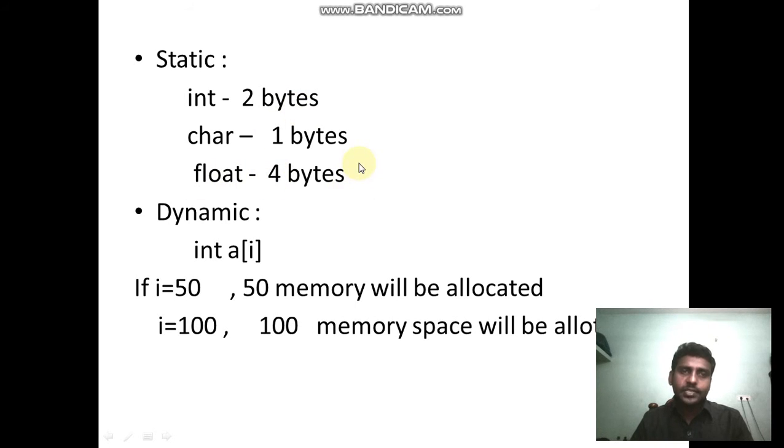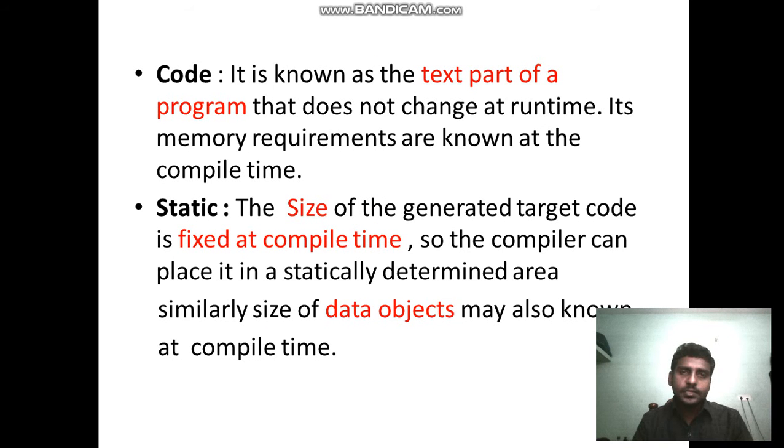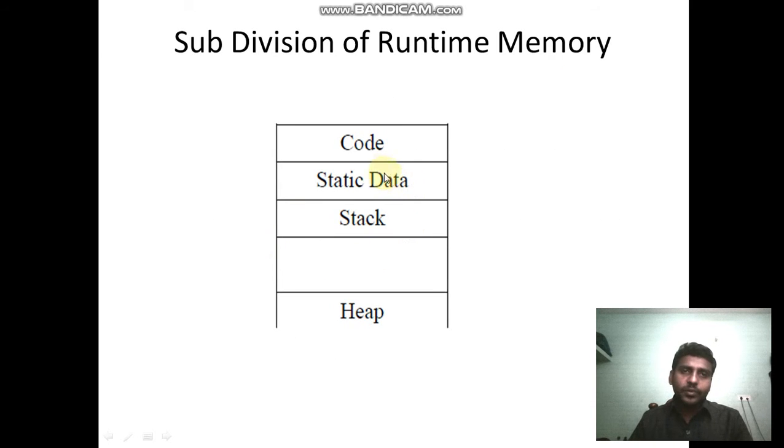That is a fixed size. The programmer knows this keyword holds 2 bytes, and float holds 4 bytes. So during compilation the programmer should know the memory of that particular keyword. So that is fixed at compile time. This type of fixed memory is stored in the static data, that means the static area.